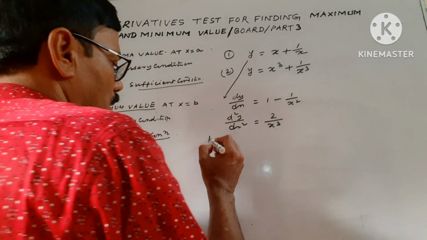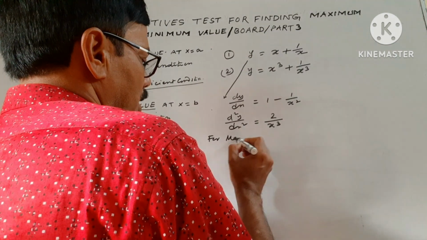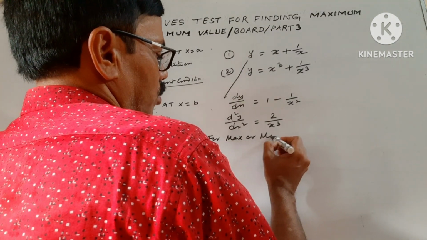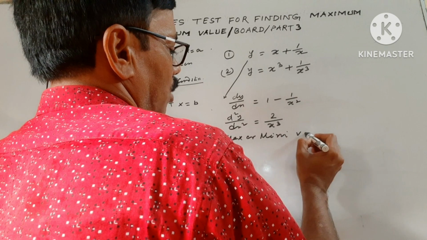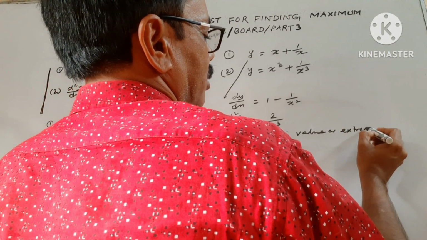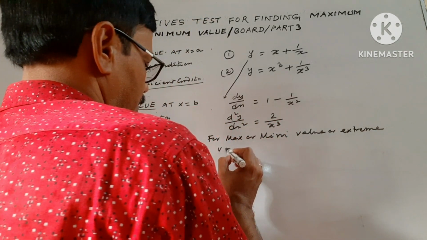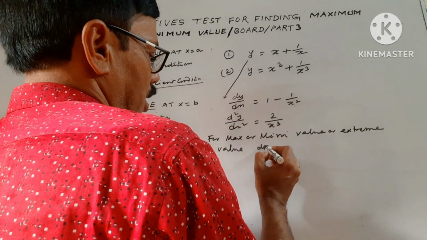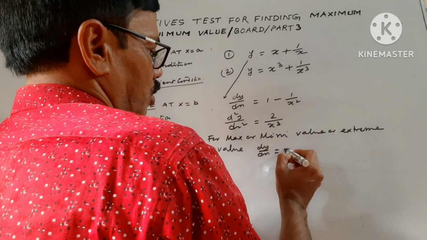Now for a maximum or minimum value, or extreme value, dy/dx equals 0.